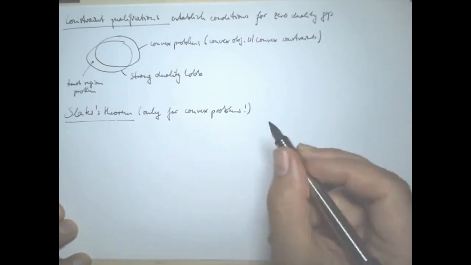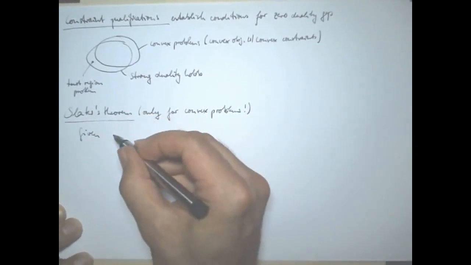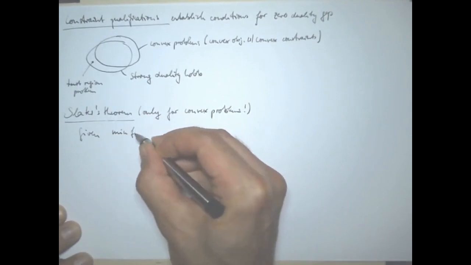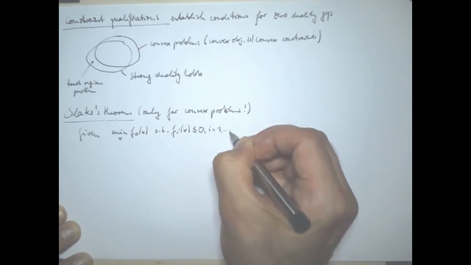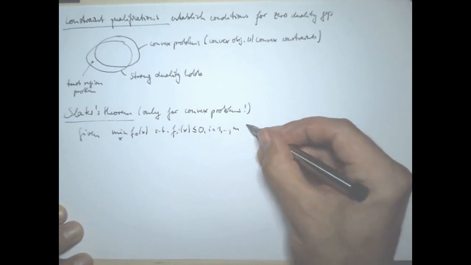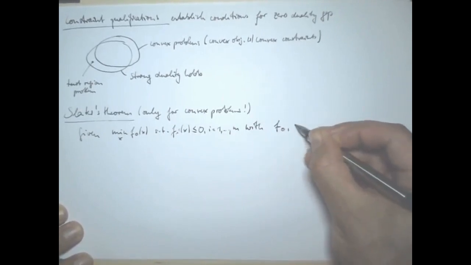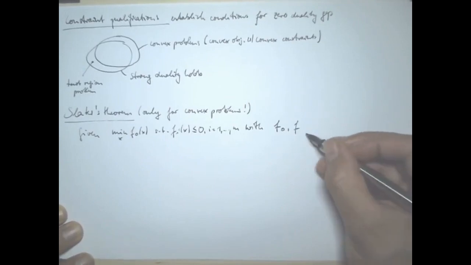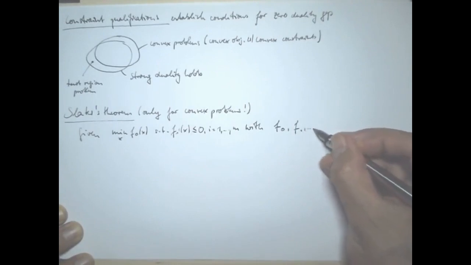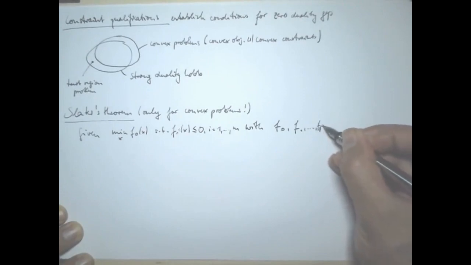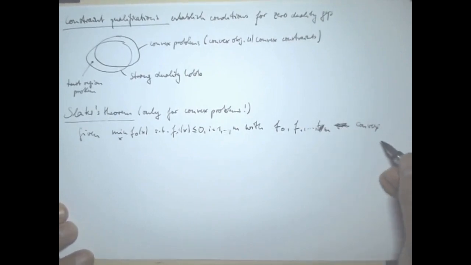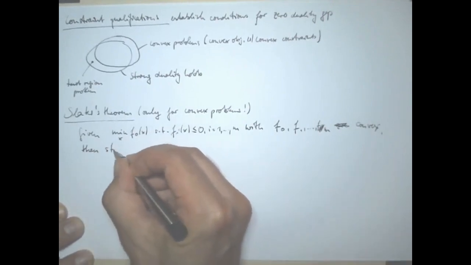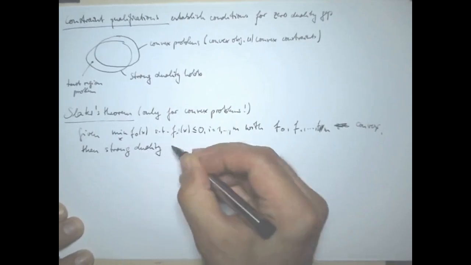And it says, and I'm going to state it without proof, that given a minimization problem where both the objective function and the inequality functions, there's a total of m of them, then strong duality holds under the following condition.